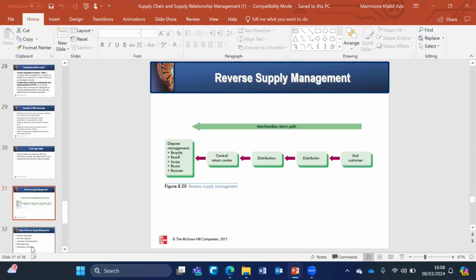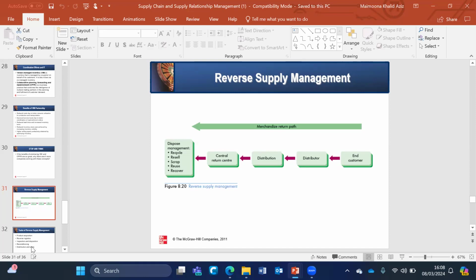There's also something that's known as reverse supply chain management. That means when you have to get a return of a product, or when you have to get something back to your company, or let's say to recycling or for disposal or whatever it is, you have to have a reverse supply chain.